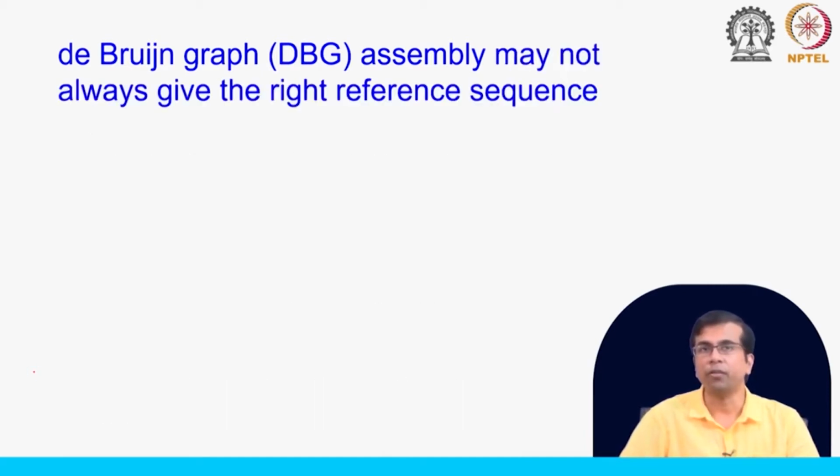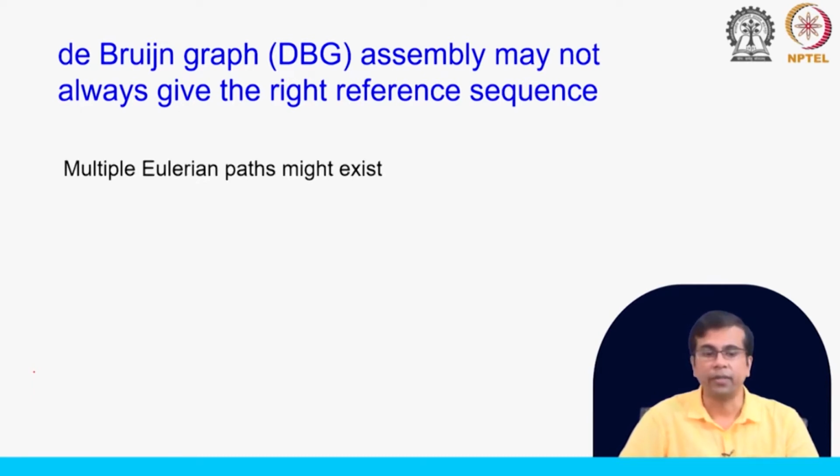What we will illustrate today is that the de Bruijn graph assembly may not always give the right reference sequence, and we will start with the same example that we talked about in the last class. Why would this happen? Why would you not get the right reference sequence? Because in a graph that satisfies all the criteria, there might be multiple paths.